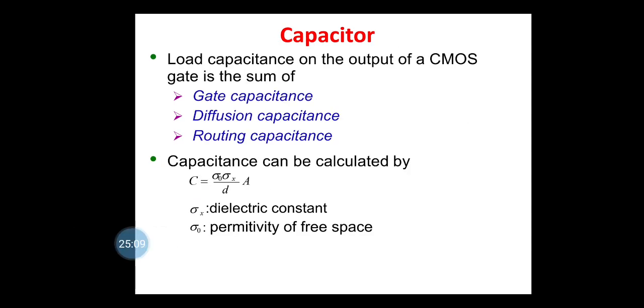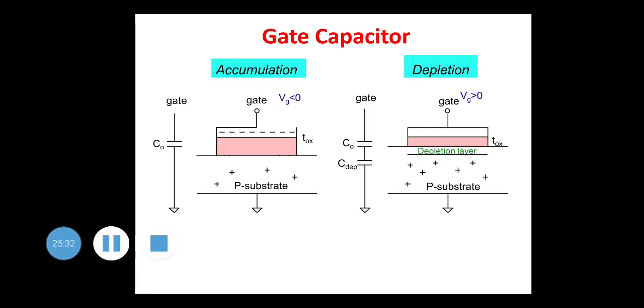The load capacitance on the output of a CMOS gate is the sum of gate capacitance, diffusion capacitance, and routing capacitance. Capacitance can be calculated by the given formula as shown here, where epsilon r is the dielectric constant and epsilon 0 is the permittivity of free space. So what is gate capacitance?